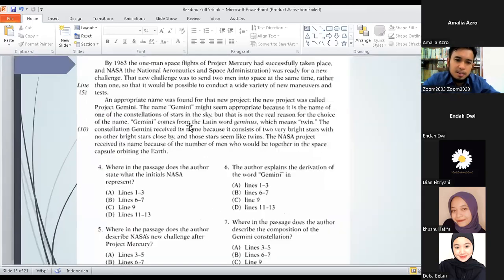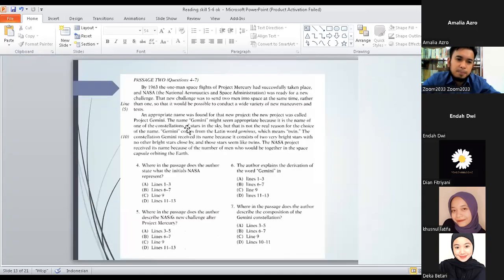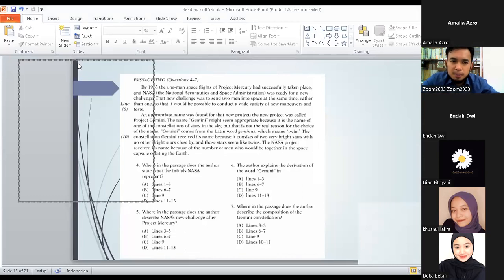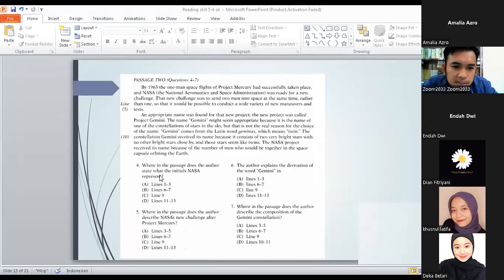What about number 4? We have the text about NASA. Where in the passage does the author state what the initials NASA represent?